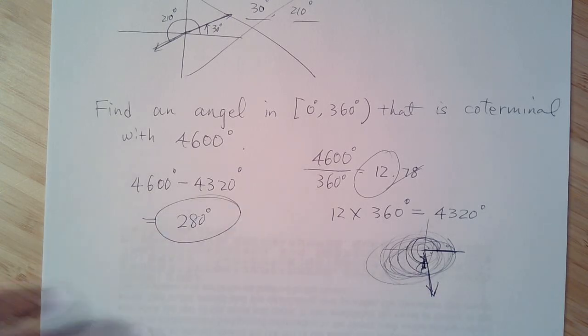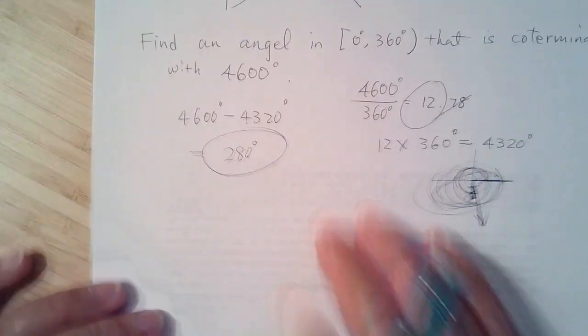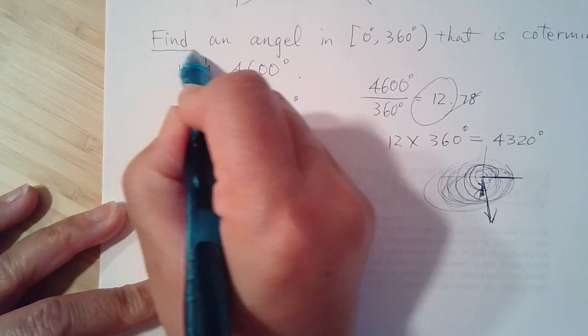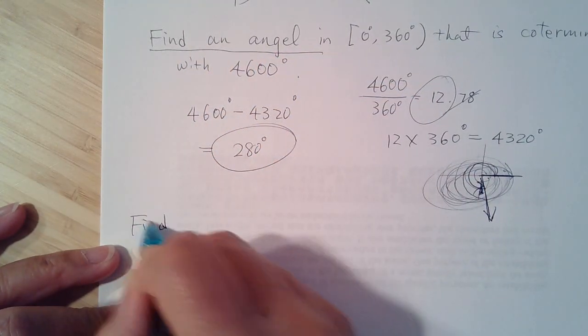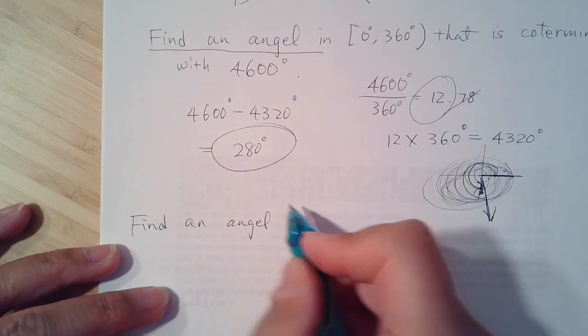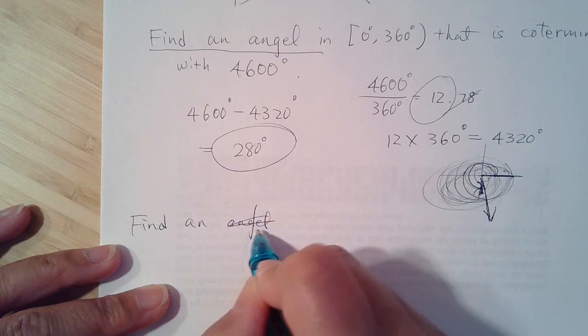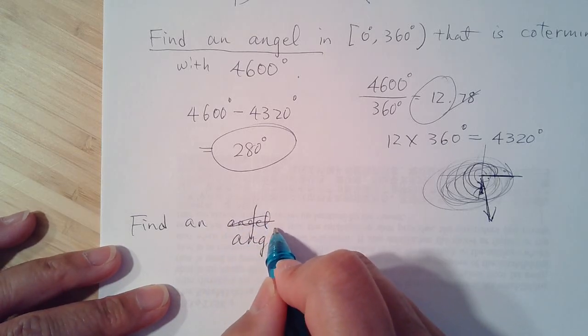Sounds interesting, isn't it? Okay, let me ask you another question. Same thing, find an angle. Let me just write it. Find an angle, not an angel. I always get confused.